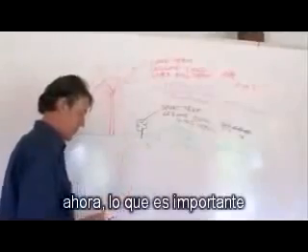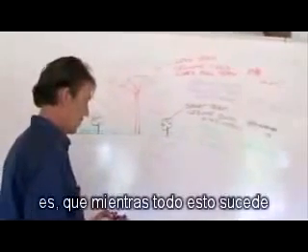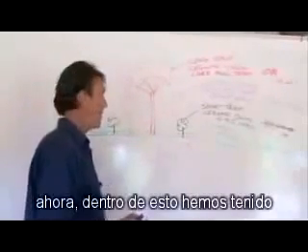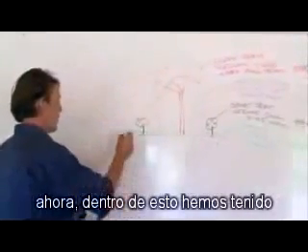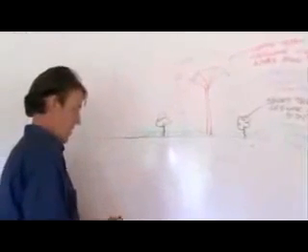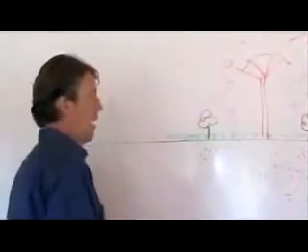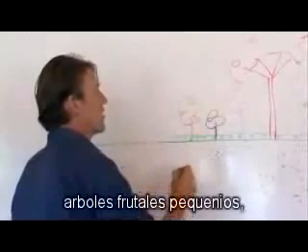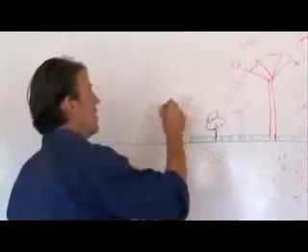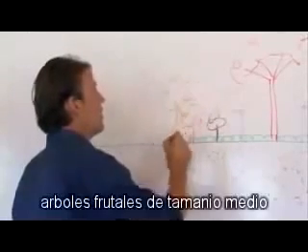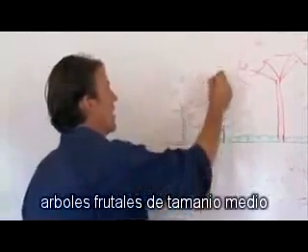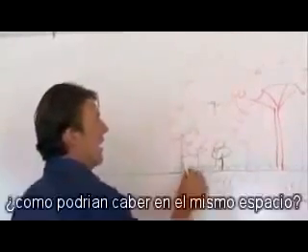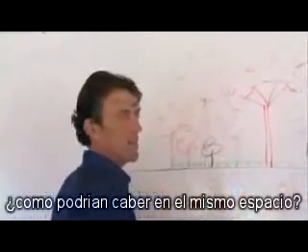Now what is important is that while all this has been going on, so has the fruit trees. So inside this, we've had understory fruit trees, medium-sized fruit trees, and some overstory fruit trees. How can they possibly fit in the same space?